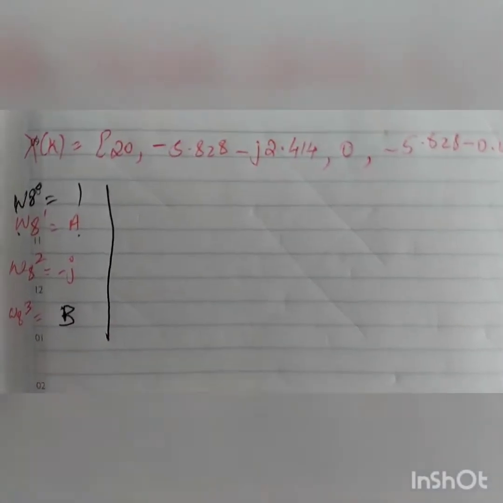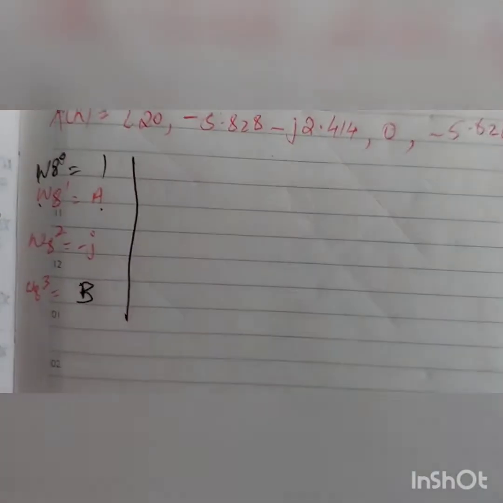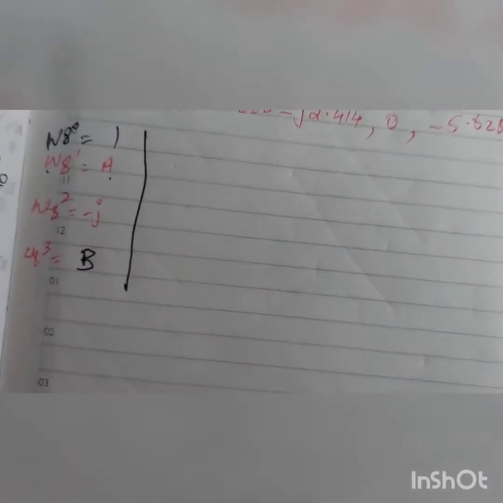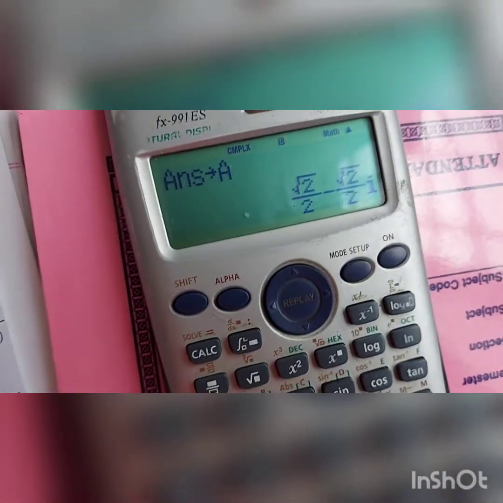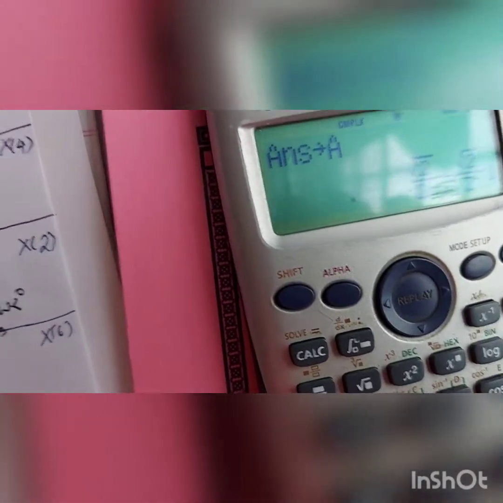Somewhere in the side when you're solving the problems, write in which variable you have stored it, so that you can do this problem very easily and without mistakes, because whenever complex operations are involved and you do it manually, it may go wrong. So I have stored it this way.